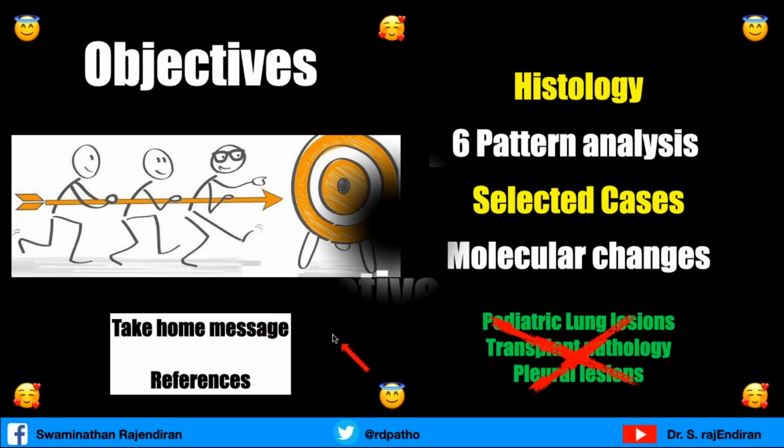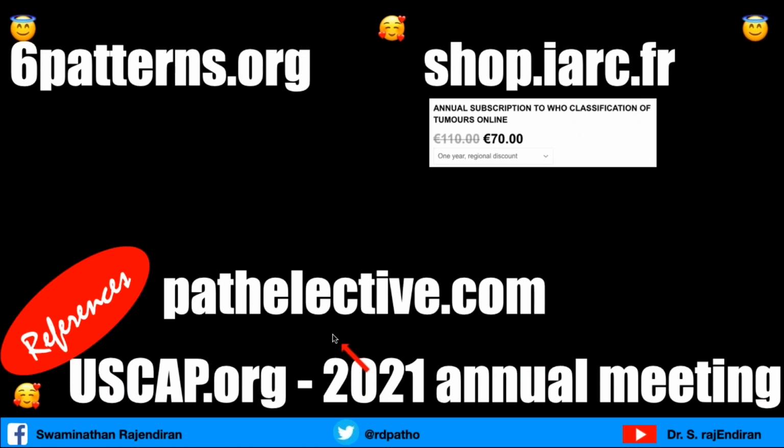And I want to start with the references. These are the 4 references I want you to make a note of: 6patterns.org, top at iarc.fr, France, and they are the people who sell the blue book, and pathellective.com, and the USCAP 2021 annual meeting.